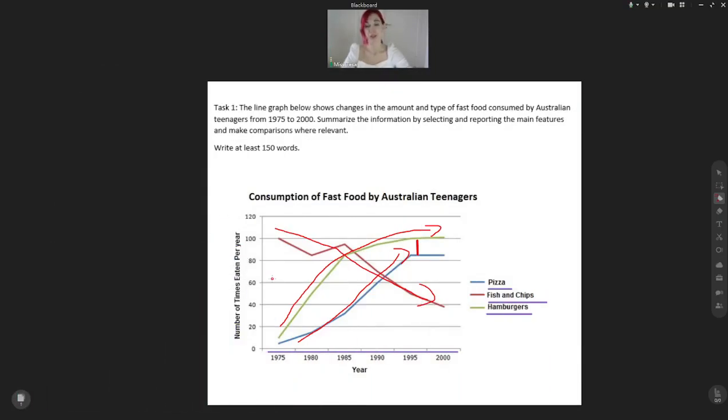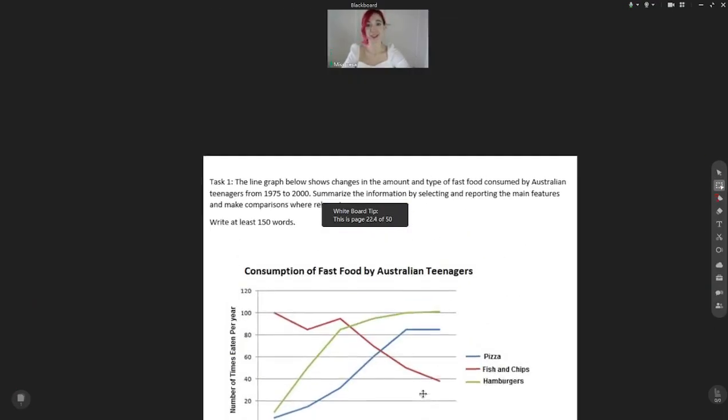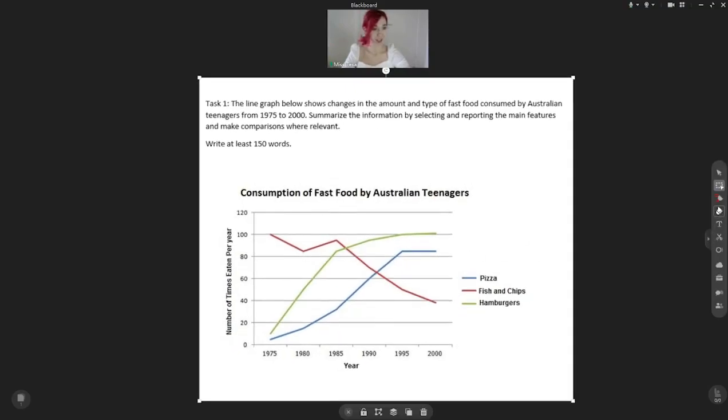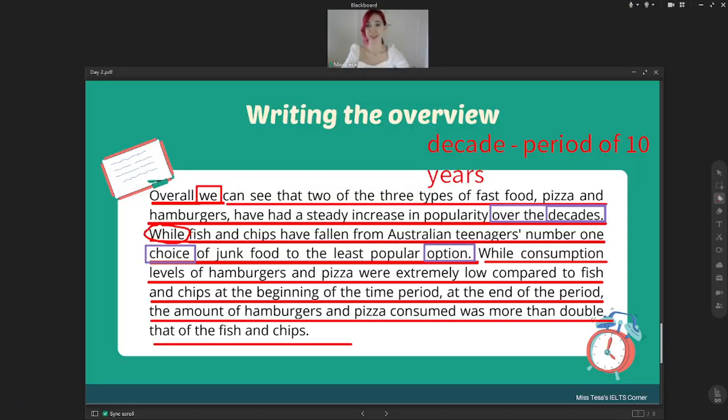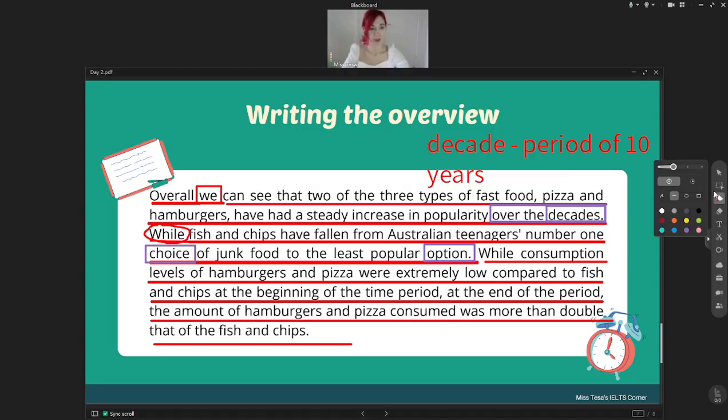Like I said, we're going to delete these lines again, just so it's clear. Another really important main feature was this one. This difference, right? How this was so drastically different, and then these two became way more popular than fish and chips. So, that's what I wanted to express here in the last sentence, right?